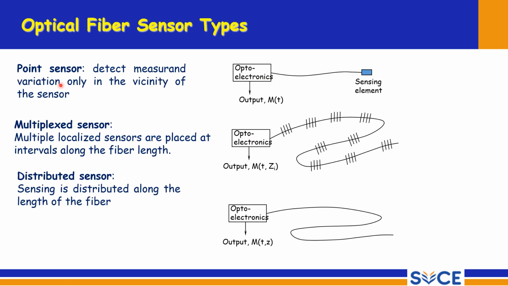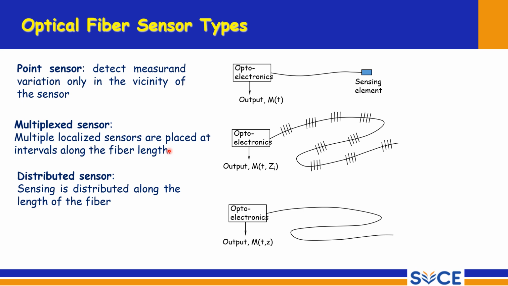Optical fiber sensor types. One is the point sensor, the multiplexed sensor, and the distributed sensor. The point sensor detects the measurement variation only in the vicinity of the sensor. So within the vicinity of the sensor, it can detect the measurement. In the multiplexed sensor, multiple localized sensors are placed at intervals along the fiber length.